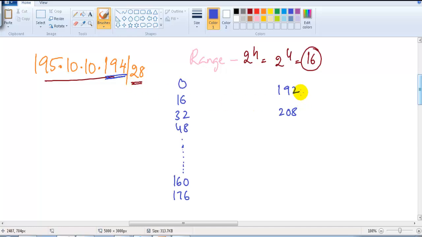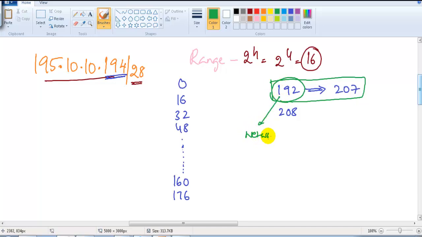So 194 is coming in between 192 and 207, which means 192 is my network ID and 207 will be the broadcast ID, because 194 is coming in between these two.